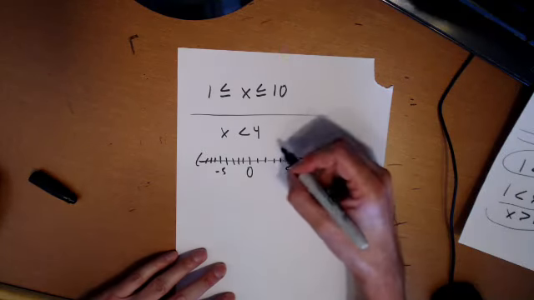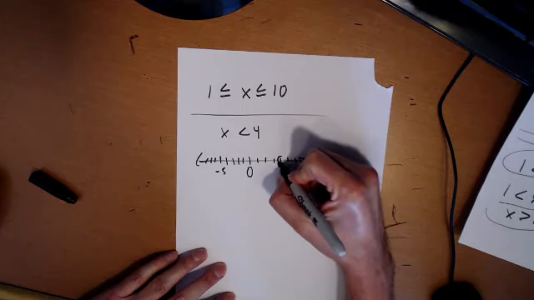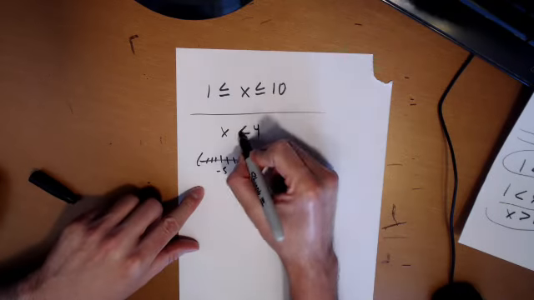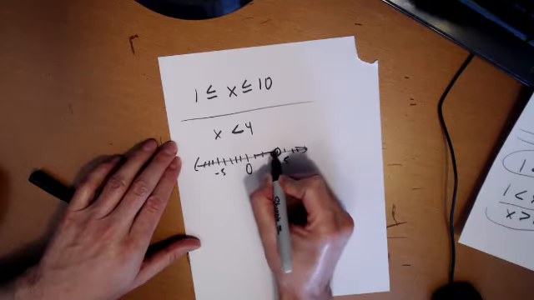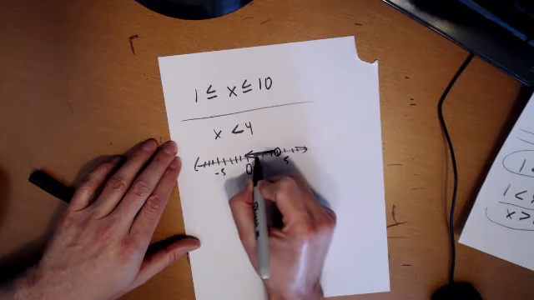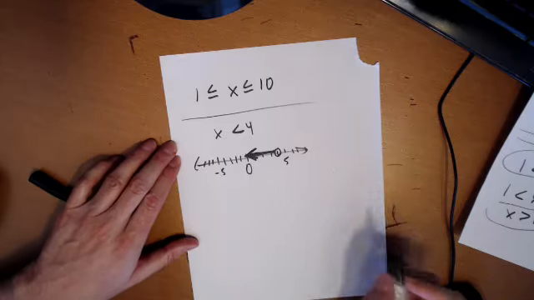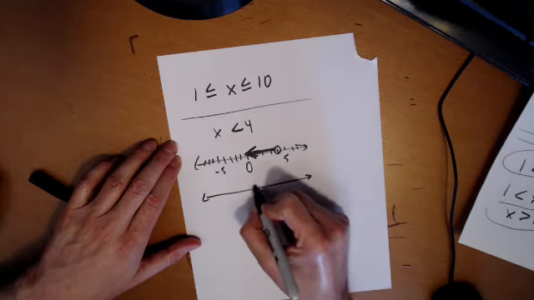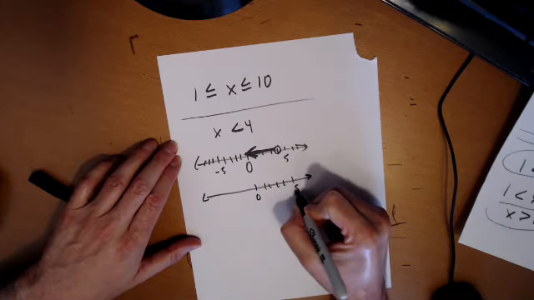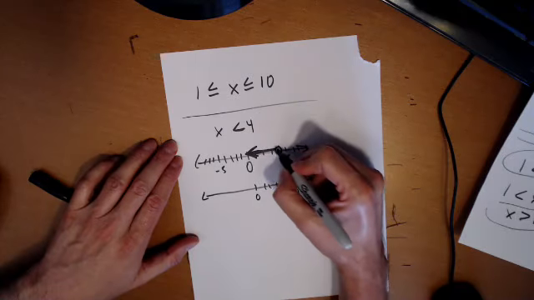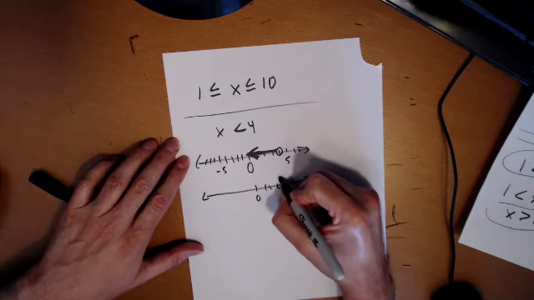You go to 4. And a couple ways you could do this. You could put an open circle, and you see how this is an arrow pointing to the left. You shade everything to the left. And you just put a big arrow because it goes on forever. Another way to do it is open circle is just a parenthesis.